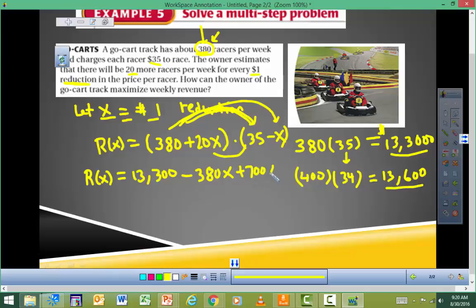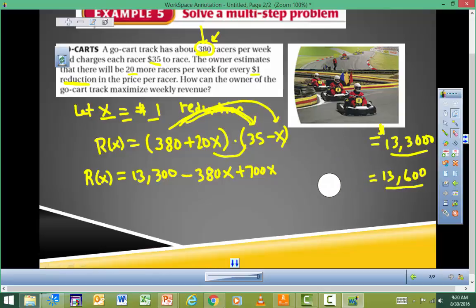700x. And now I need my little eraser. I got too much junk over here. And then finally I have this term times this term. That turns out to be a negative, right? So 20 times negative x is negative 20x squared.